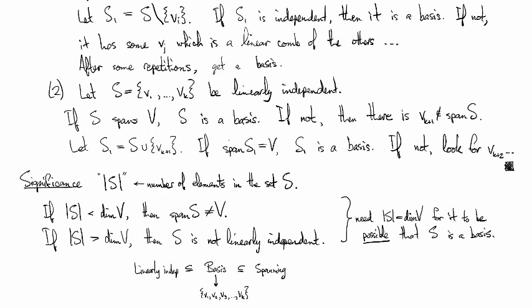Then if I take V1 and V2 and V3, this is guaranteed to be linearly independent. If I take V1, V2, V3 up to Vk, and then I throw in something that's not in that list, then this is still going to be a spanning set.